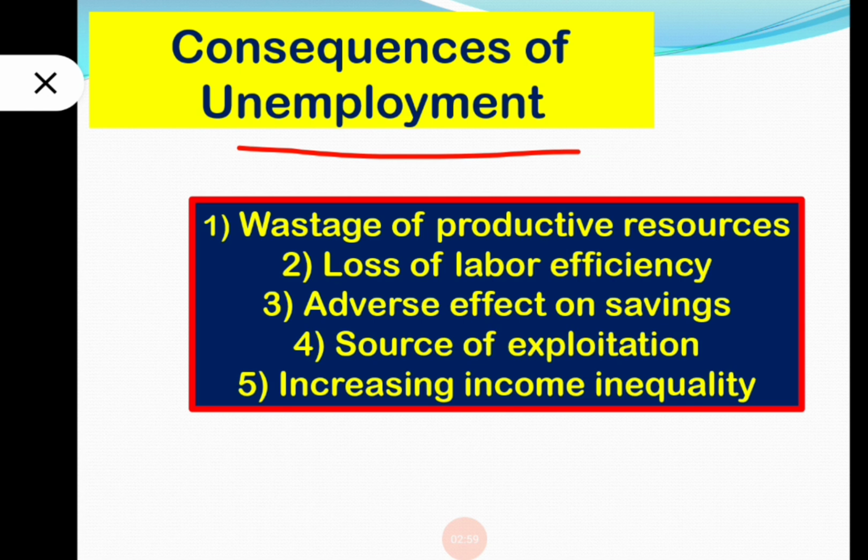And now, going to the main point, that is some consequences of unemployment. Here we can see our first point, that is wastage of productive resources. So, learner, unemployment is considered to be the most threatening and baffling problem facing humankind nowadays.